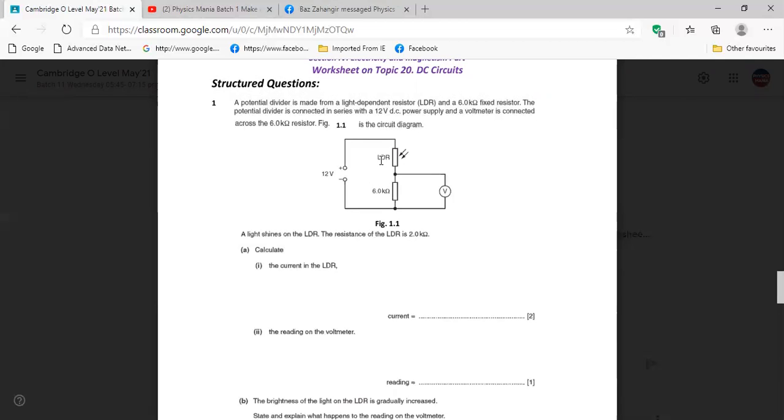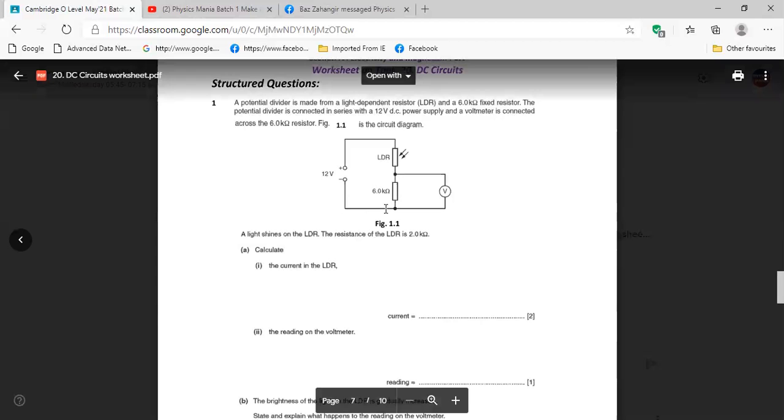So what is your current in 2 kilo ohm? That current will also be in 6 kilo ohm. There is a difference in resistance and difference in voltage, but the current is the same. Is it clear? Yes. So if you want to get that, you have to get the total resistance first.